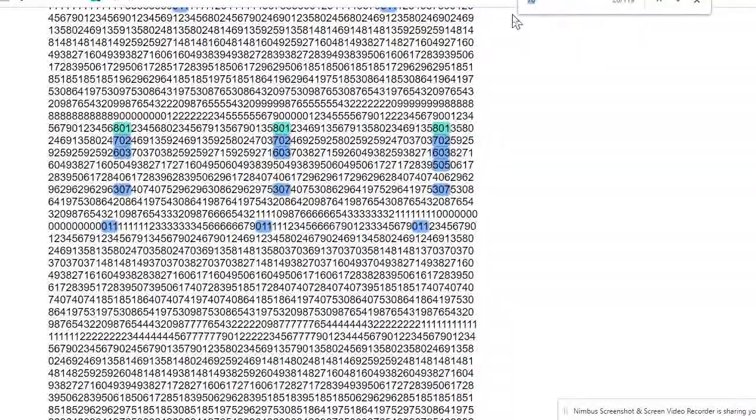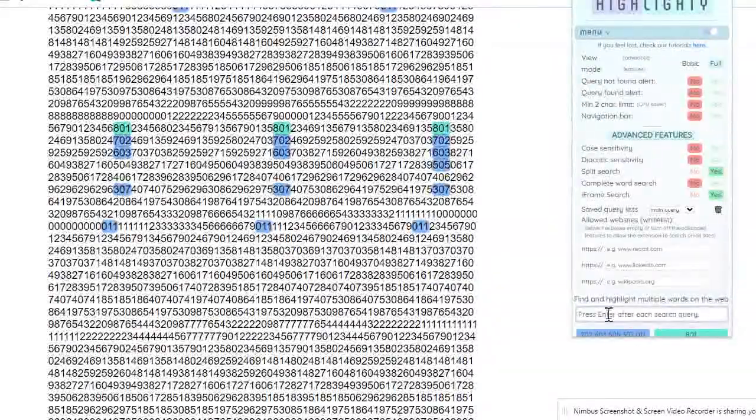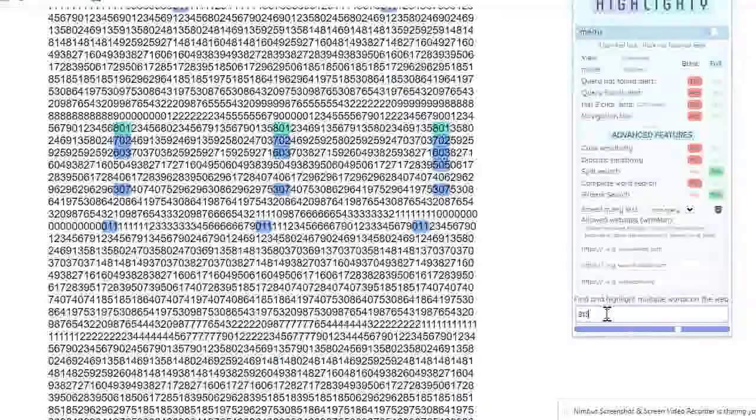I'll go ahead and put the last ones in. We got 813. 813 is 13. And 517 is 17. So see, I'm going in order. 319 is 19.